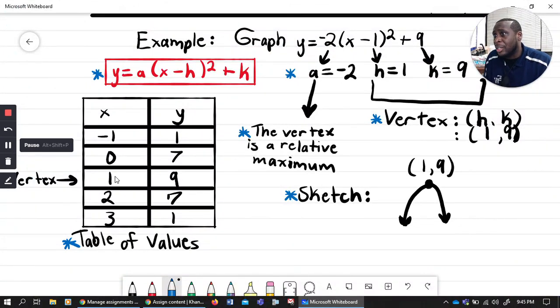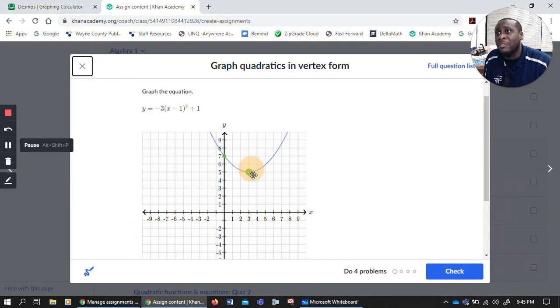But you do need to drag that vertex to wherever that vertex is supposed to be. So again, for our example that I just showed you, 1, 9 was the vertex, and I can choose 0, 7 as the other point, or I can do 2, 7. Or what was that other one? Negative 1, 1.